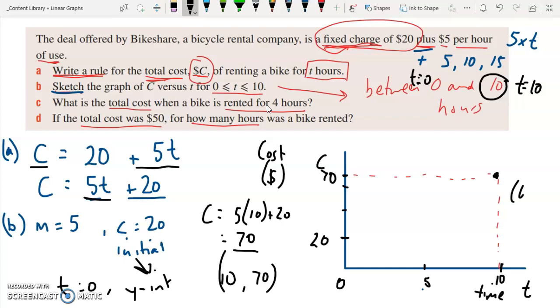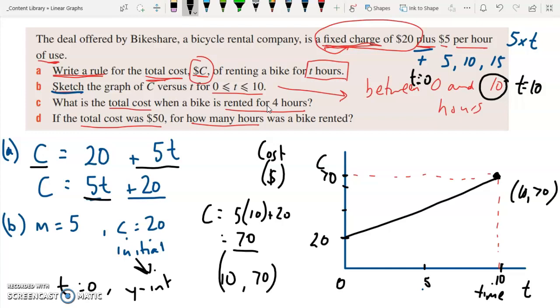We have our endpoint of (10, 70). Then our graph is going to be in a straight line from our initial position to (10, 70).